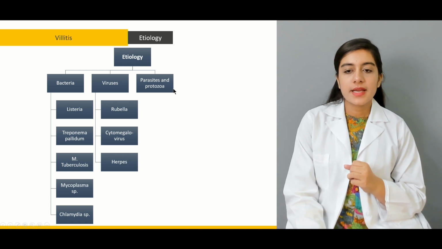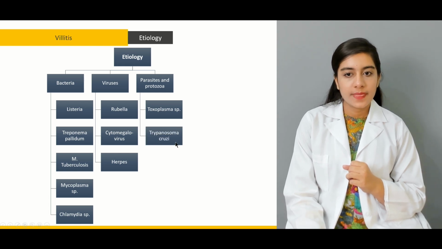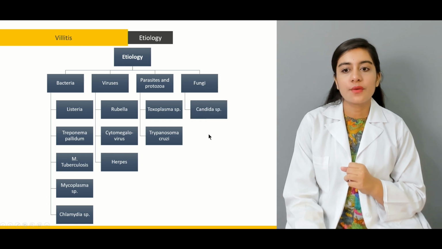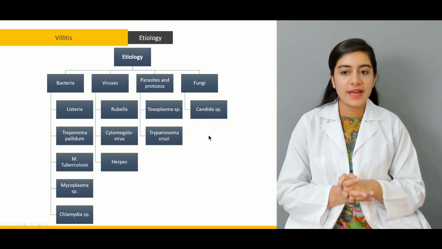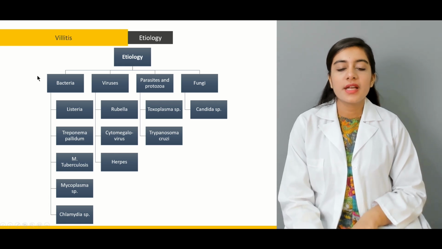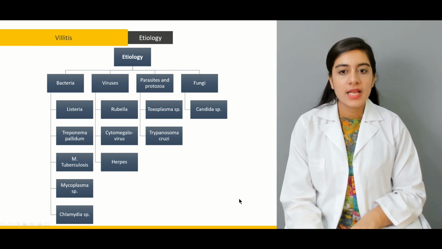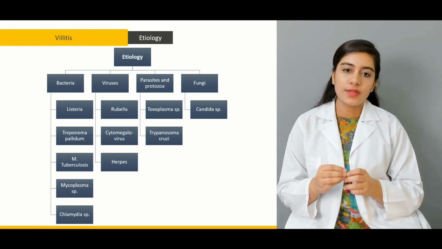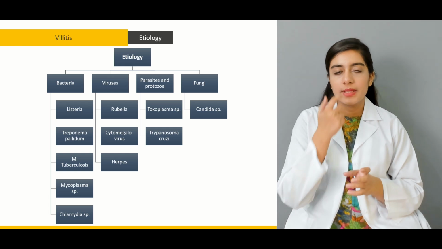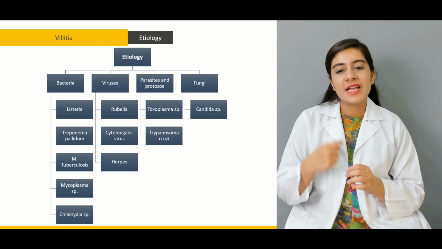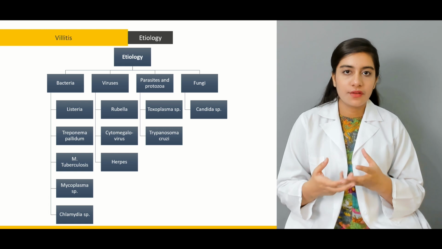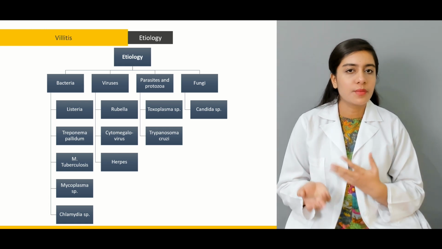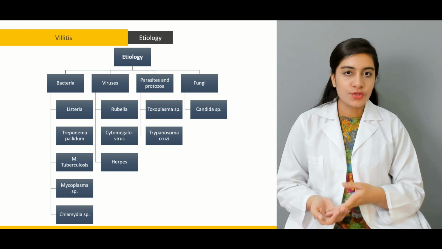Then we have parasites and protozoa. We have Toxoplasma species and Trypanosoma cruzi. The final one are the fungi, and the one that is causing the disease is Candida species. Now you can see there are so many organisms that can be involved, and the only way we are going to find out which one it is, is by performing a histological test on the sample that we will get from the amniotic fluid or from the mother's blood or from other sources.